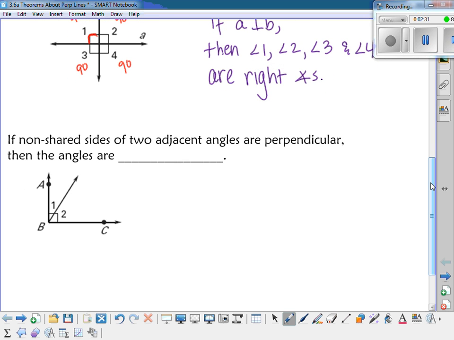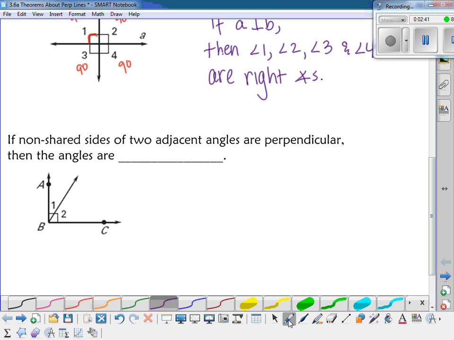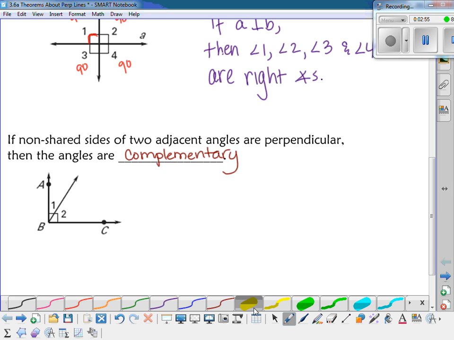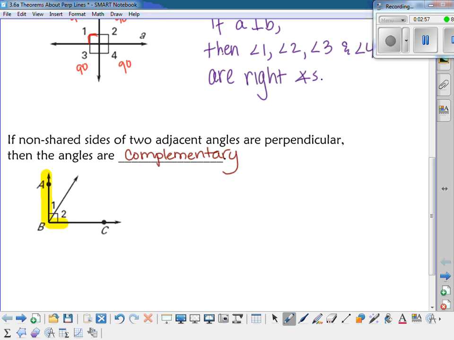All right, and our third theorem that we're going to learn is if non-shared sides of 2 adjacent angles are perpendicular, then the angles are complementary. So our non-shared sides in this figure are BA and BC.